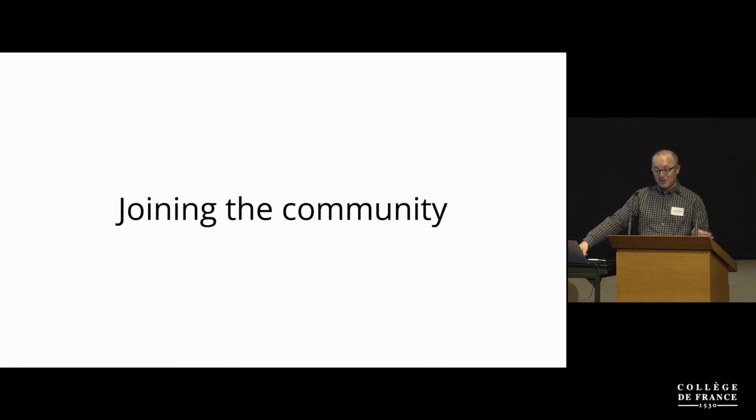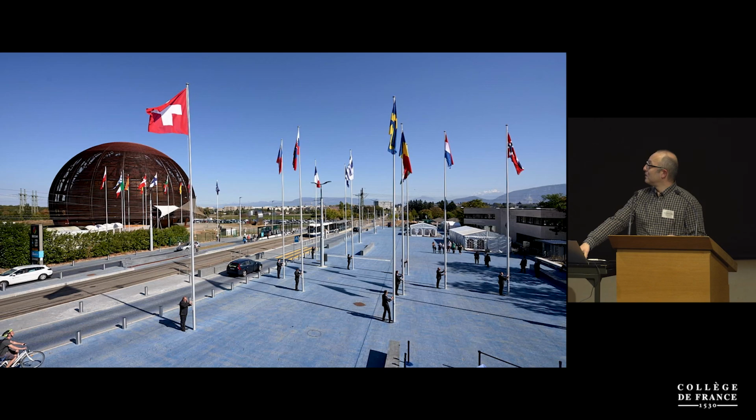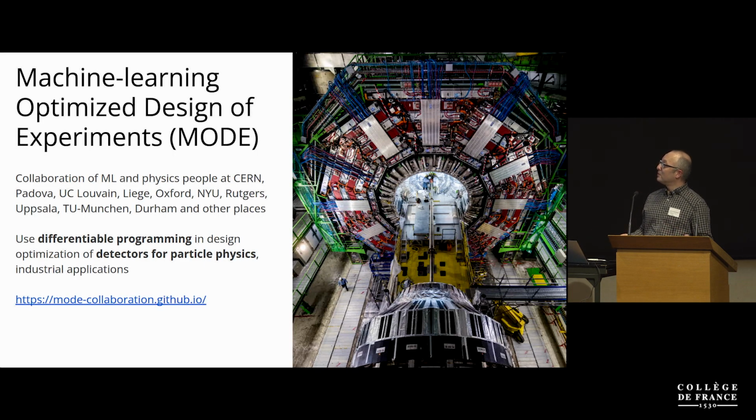Yeah, so this is the part where I talk about these two events and maybe invite people to come and join this sort of thing if you are interested. One is with people basically involved in experiments at CERN, with lots of institutions. This is called the Machine Learning Optimized Design of Experiments, or the MODE collaboration.